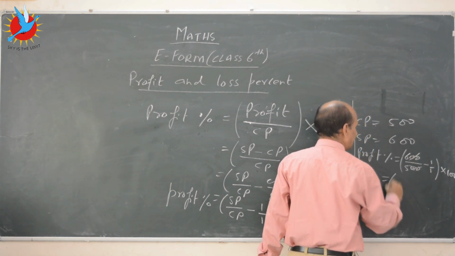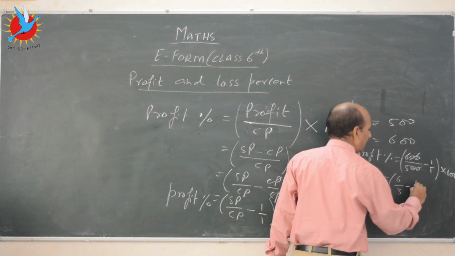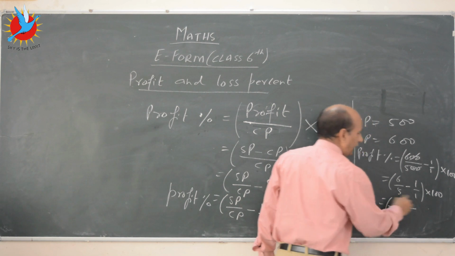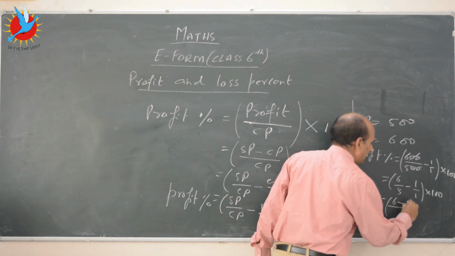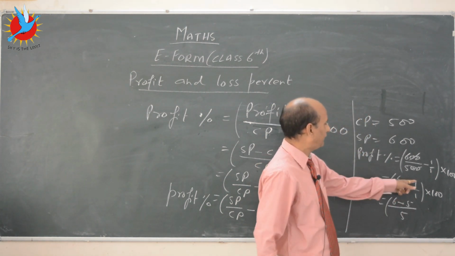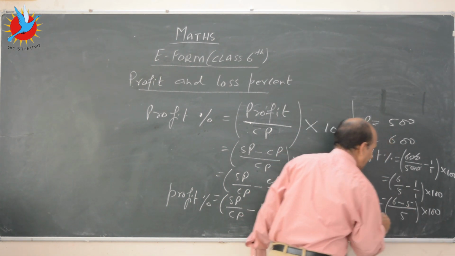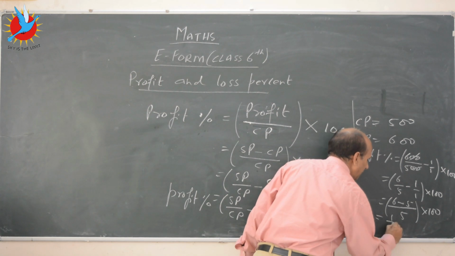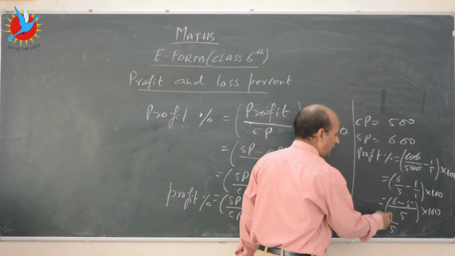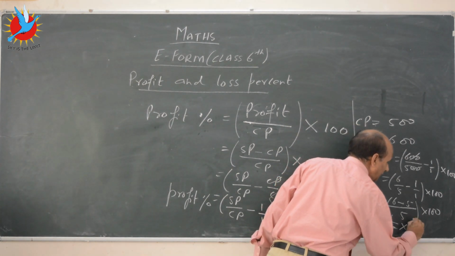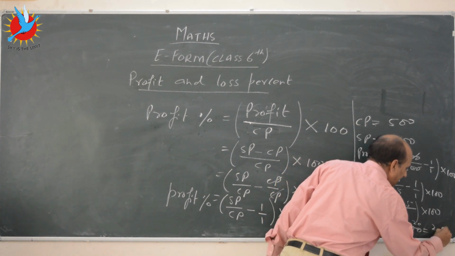Now this is cancelled. 6 upon 5 minus 1, into 100. Taking 5 as the LCM, 6 minus 5, make a cross multiplication. 5 ones are 5, 6 ones are 6. 6 minus 5, it is 1 upon 5. 6 minus 5 is 1. Here it is 5, and this multiplied by 100. 5 twos are 10. It is 20%.